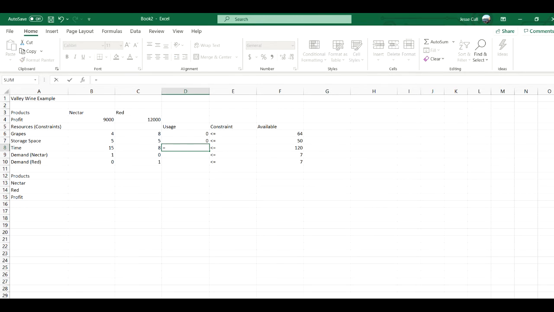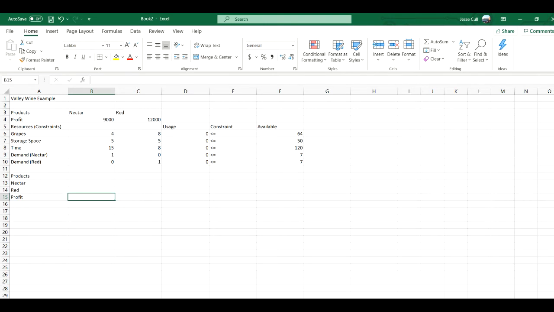We repeat this for time, and then for the demand of nectar and the demand of red, each time taking the amount per nectar times the nectar we produce plus the amount per red times the red we produce. So our usage formulae are correct.